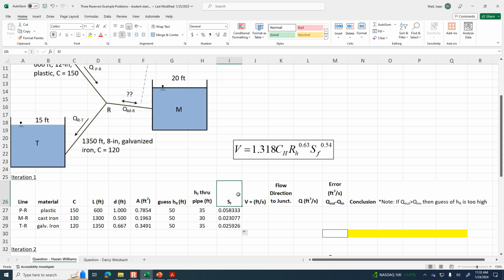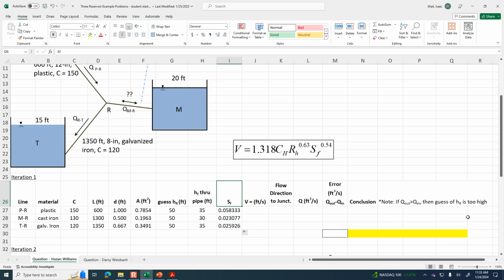It's the slope of the energy grade line if there was 50 feet of head at R. We don't know how much head there is at R. We can correct the guess later on, but we'll just start by saying, if it was 50, then all of this stuff follows. And what we know has to be true is that the flow into the junction has to equal the flow out of the junction. And if that ends up not being true, then that tells us we need to make an adjustment to our guess of how much energy there is at R.